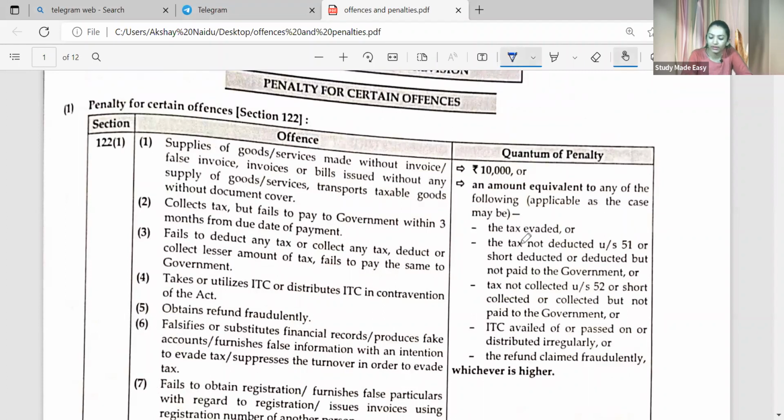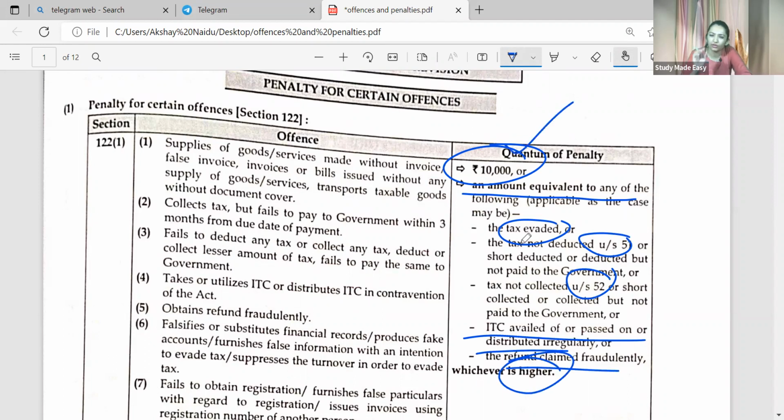Quantum is rupees 10,000 or the amount equivalent to whatever tax you have evaded, failed to deduct, failed to collect, or whatever ITC wrongly availed, utilized, or fraudulent refund, whichever is higher. Minimum 10,000 will be the penalty, and whatever is your default, whichever is higher. That is section number 122, subsection 1.